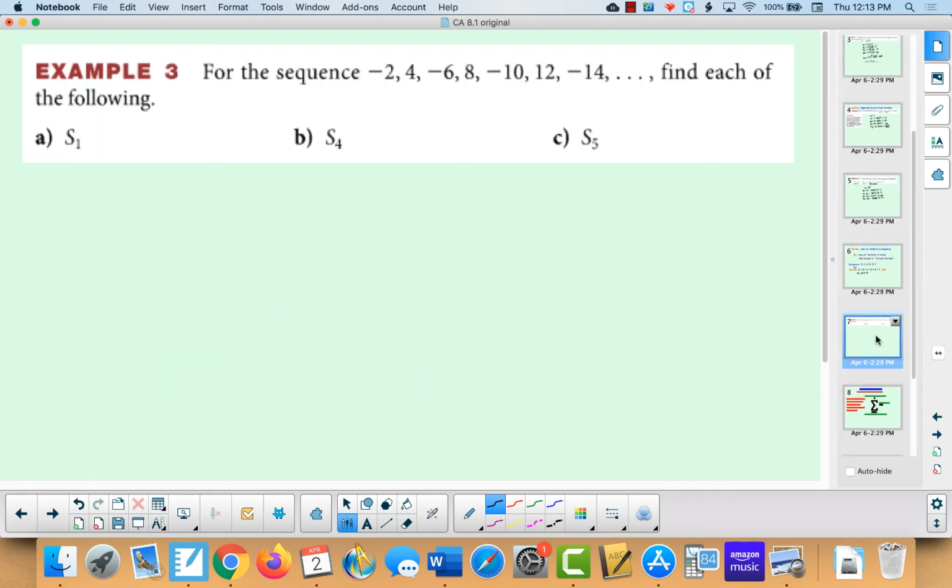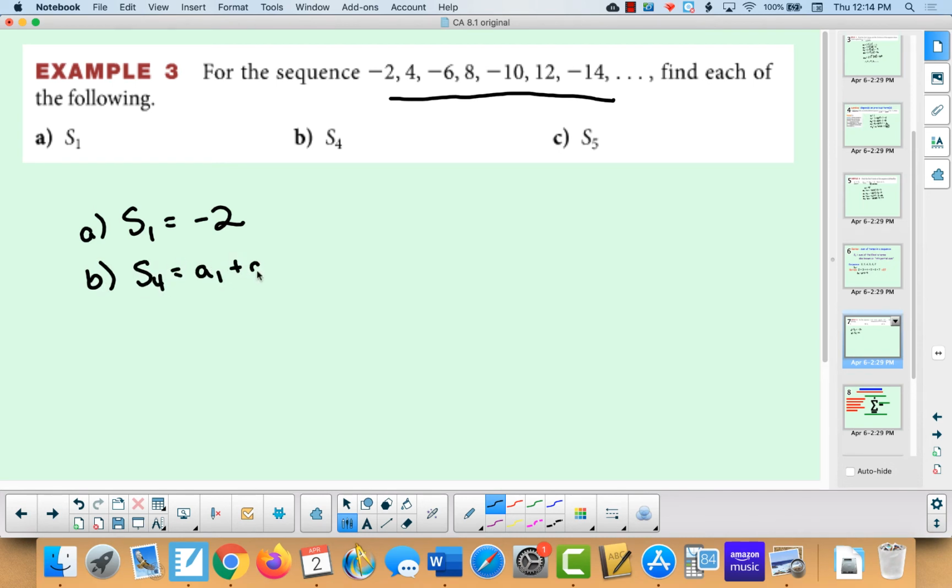So here's my sequence up at the top here. This is A sub 1, A sub 2, A sub 3, A sub 4, A sub 5, A sub 6, and A sub 7. So if I want to find S sub 1, that's just adding the first term. The first term is negative 2. I don't have to add anything else to it. If I'm trying to find S sub 4, I'm adding the first 4 terms.